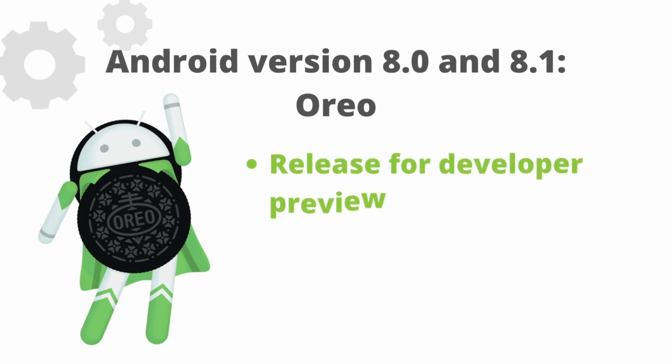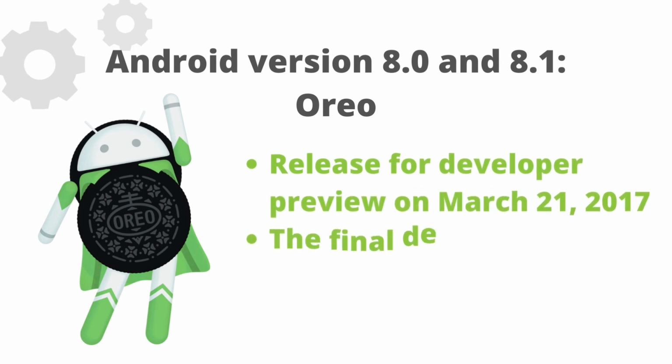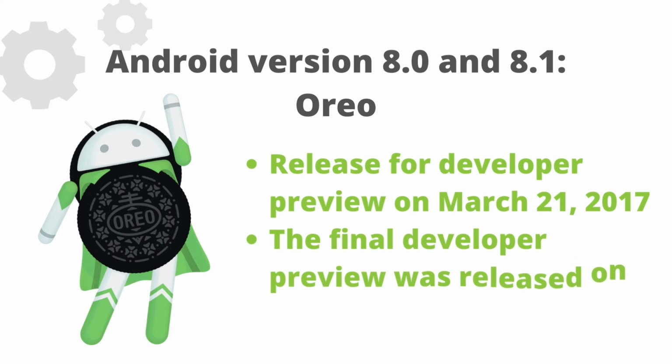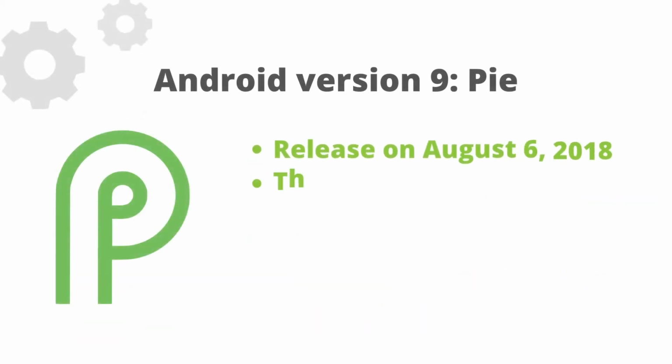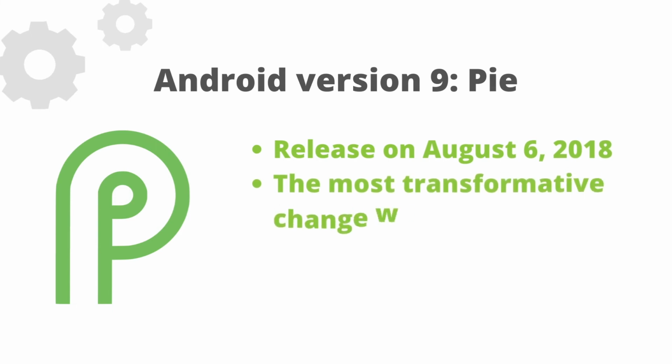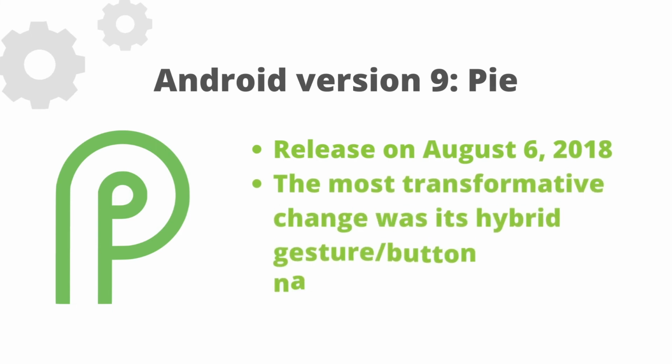Android 8.0 Oreo was first released for developer preview on March 21, 2017. The final developer preview was released on July 24, 2017. On August 6, 2018, Android version 9.0 called Pie was officially released. The most transformative change was its hybrid gesture and button navigation system.